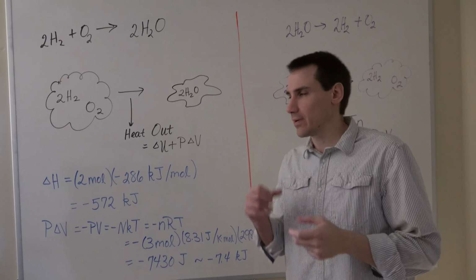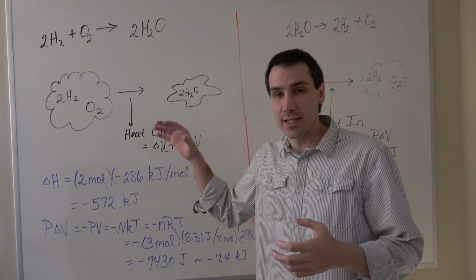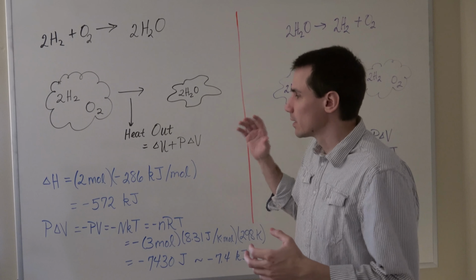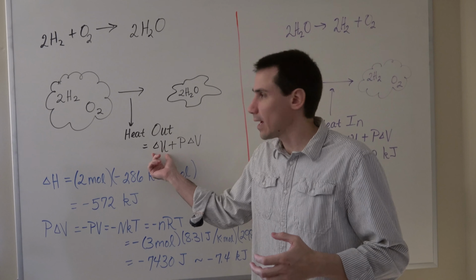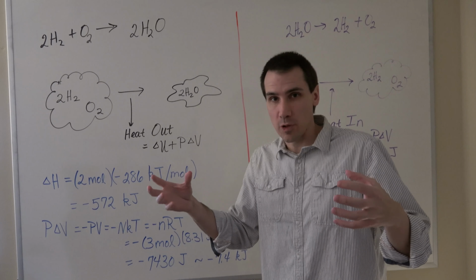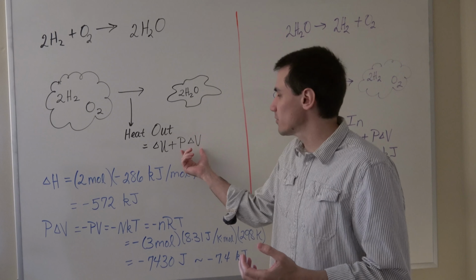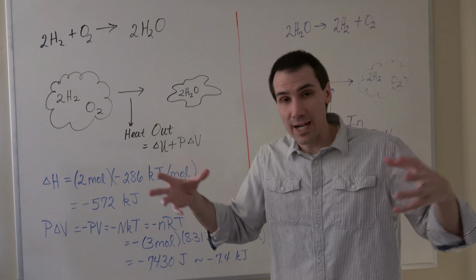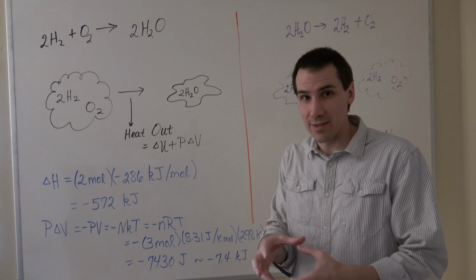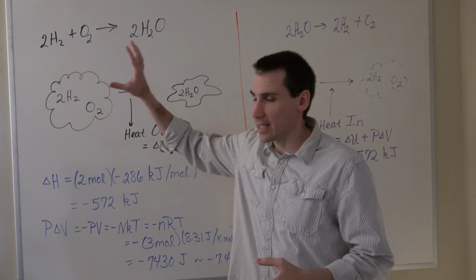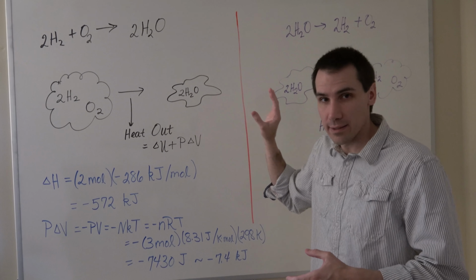Now let's try to figure out how much of this heat that is given off by this process comes from the energy of releasing the chemical bonds, or forming the chemical bonds rather, and how much of it comes from the work that the environment does to shrink the system as we take a gas and turn it into a liquid.